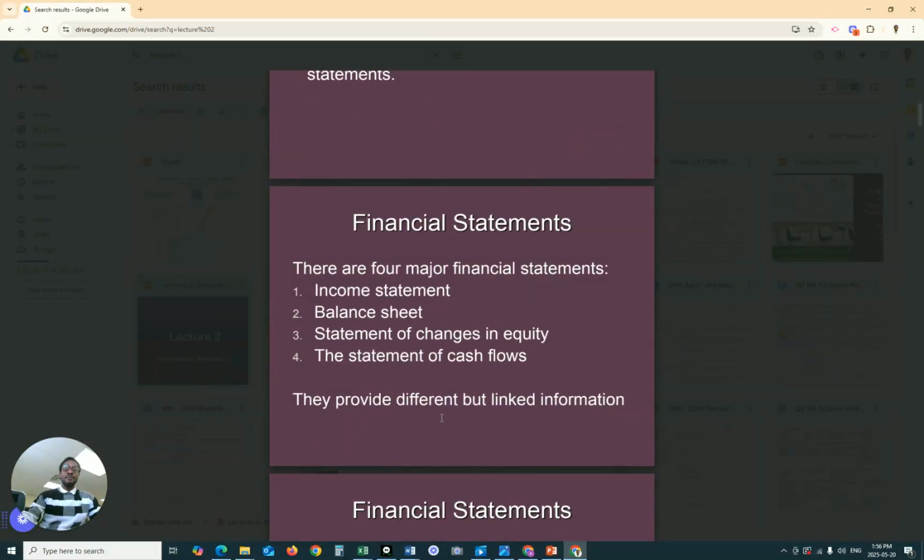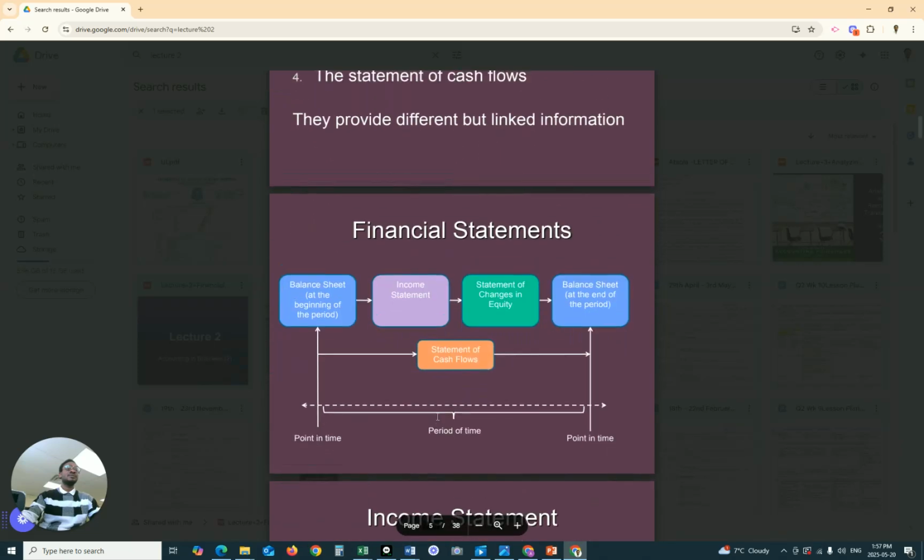There are 4 main financial statements: the income statement, balance sheet, statement of changes in equity, and the statement of cash flows. If you look at this critically, you see that there is a period of time covered in these statements. In the last episode, we looked at the generally accepted accounting principles.